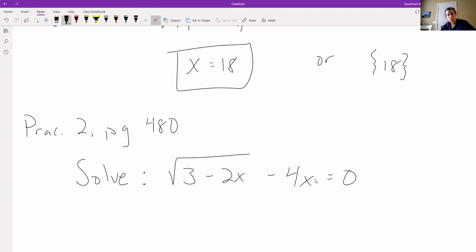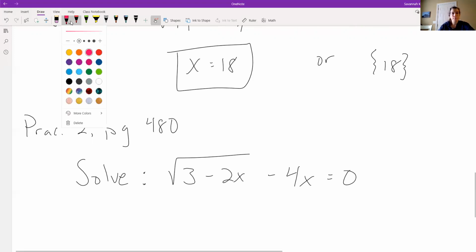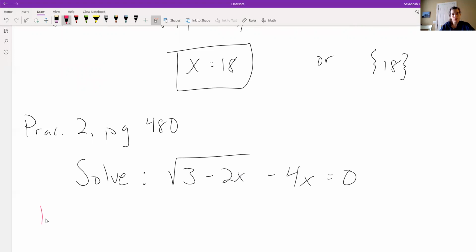Okay, now, in order to be able to solve these radical equations, we have to get them in a certain format. And I'm going to say, in order to easily square both sides, because you could still get there carefully without doing what I'm about to say, but it would make it, trust me, so much harder.